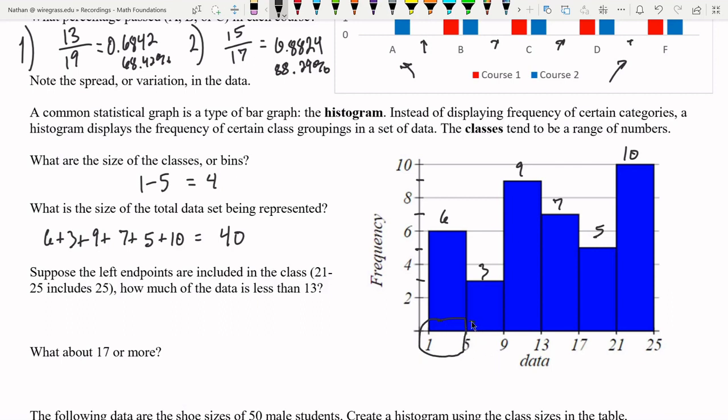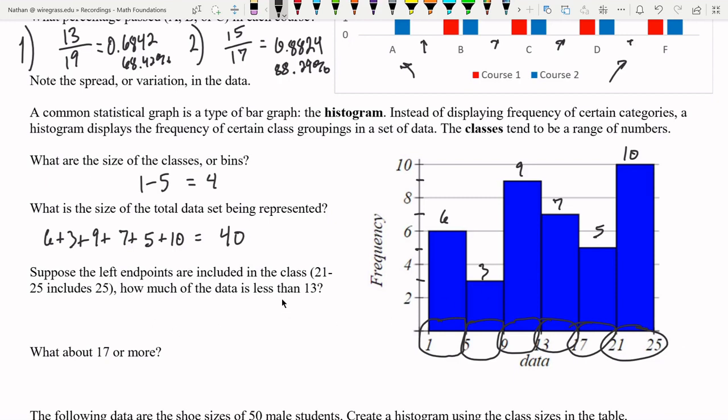And then we're going to include 5 in this one, but not include 9. We're going to include 9 in this one, but not include 13, and so on and so forth. The only exception here is going to be 21 to 25. We're going to include both 21 and 25 because 25 has to be included in some case, and that's the highest class. So that's how we're going to read this data.